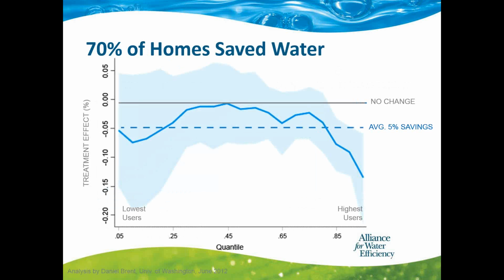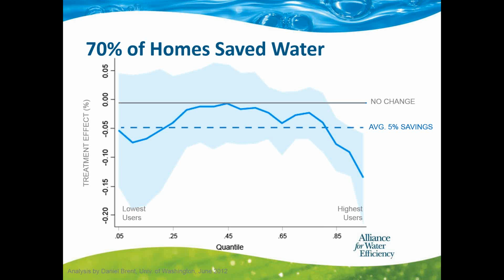The other thing we find is that these social norms and other behavioral insights are very broadly interesting to people. So about 70% of homes that we send these communications to overall reduce water use in a statistically significant way, in a way we can actually measure. And you'll see that the highest users, people over there on the right-hand side, people who use quite a bit of water, they reduce quite a bit more than 5% on average.